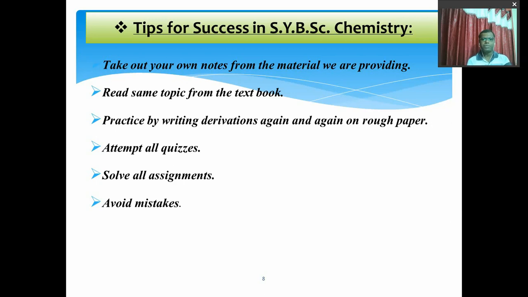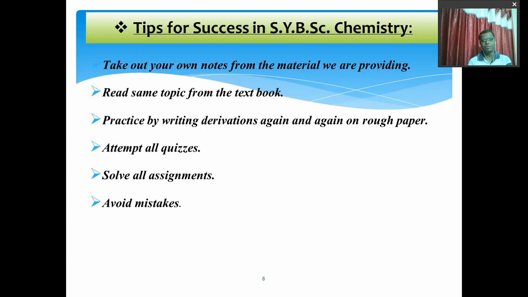Unit number 1 is based upon physical chemistry, unit number 2 is based upon inorganic chemistry, and unit number 3 is based upon organic chemistry. So for both papers you will require the same efforts and the same practice, and chemistry paper 3 is based upon analytical chemistry.